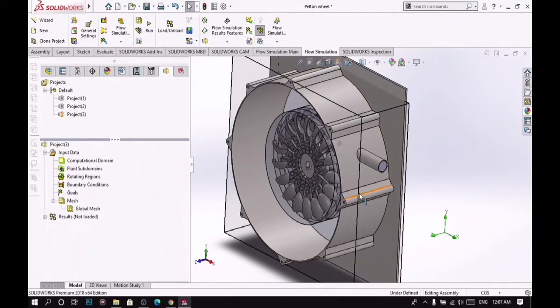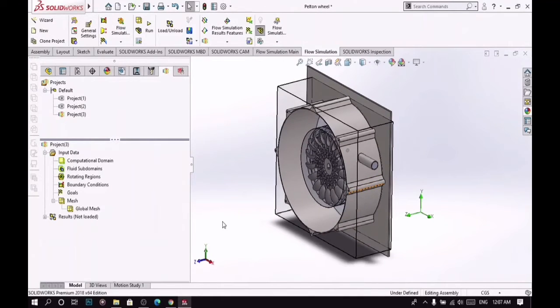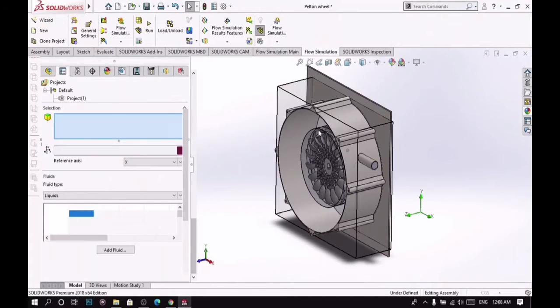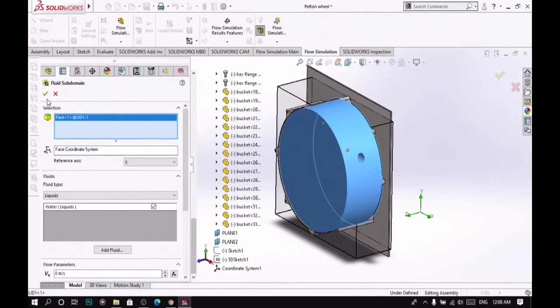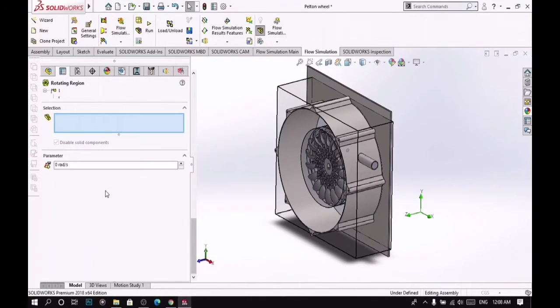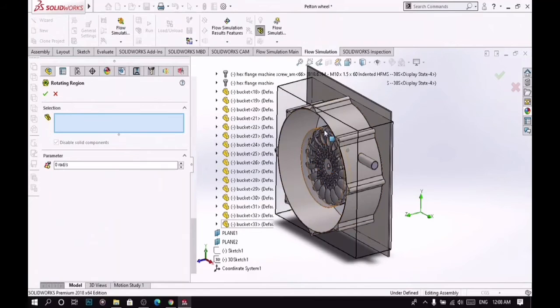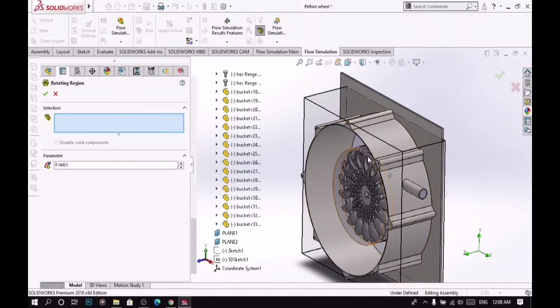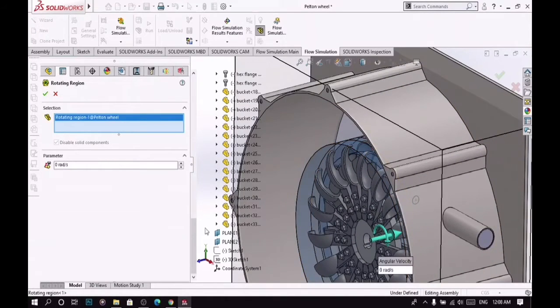So first step is we must input the fluid subdomains. We must choose the phase that we will be inputting, the water, and then the rotating regions. So we must choose the Pelton wheel, and then you must input the parameter in rad per second.